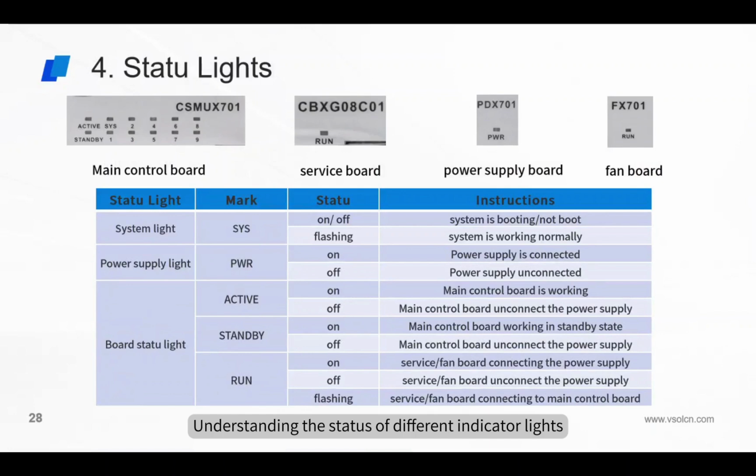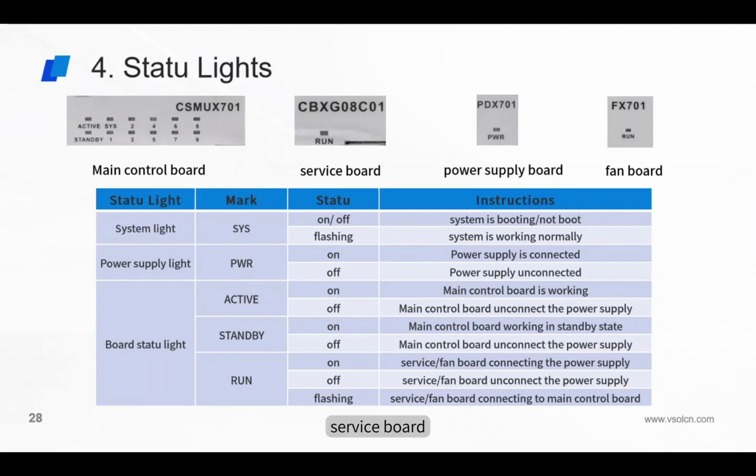Understanding the status of different indicator lights is also important for us to determine the operating status of the equipment. Main control board, service board, power supply board, and fan board.